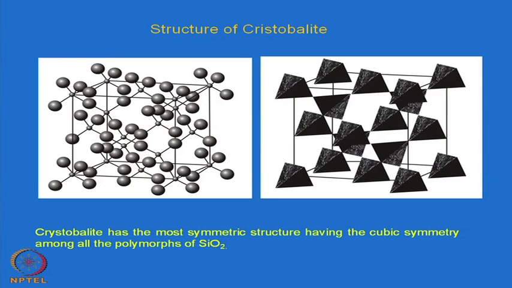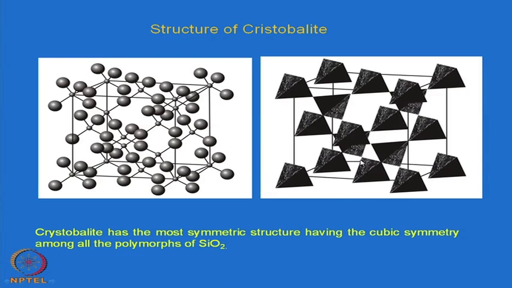So, cristobalite is the highest temperature crystalline phase in the system, and it has the most symmetric structure, having cubic symmetry. Quartz does not have a cubic symmetry, it is a very complex structure, whereas cristobalite has a cubic symmetry.